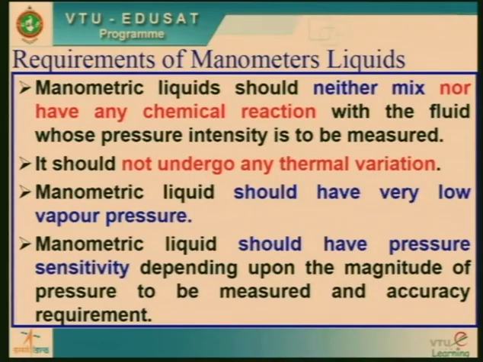Before I continue, I would like to cover a small portion of the theory: the requirement of manometer liquids. You may be thinking, what is this manometer liquid? We use one liquid to measure the intensity of pressure at a point and also the differential pressure between two points. That is called the manometer liquid.